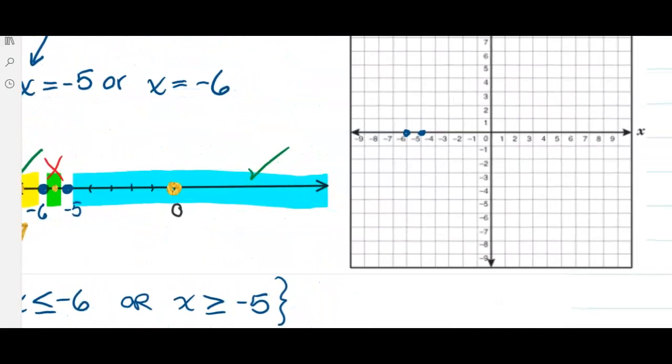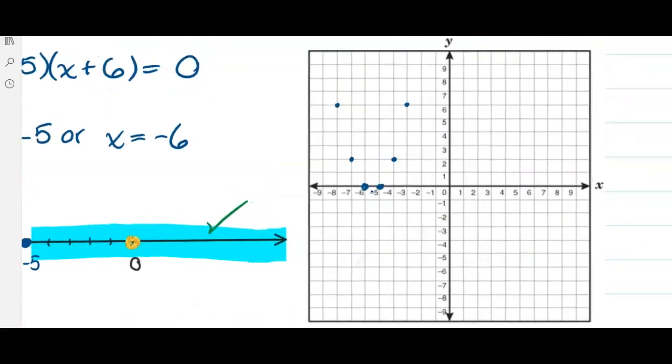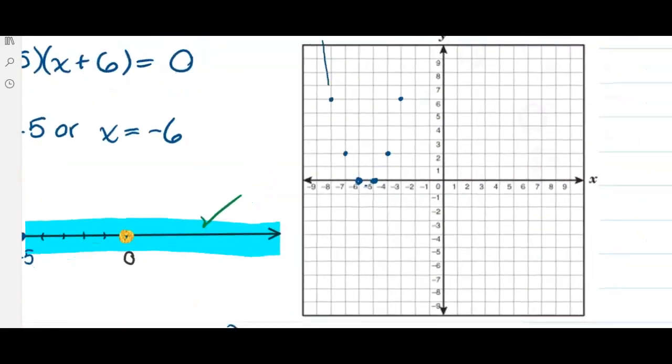We also have the point -4, 2, -3, 6. I can see that my vertex would be somewhere in this region. So I also have these points. So when I graph it, I end up with this.